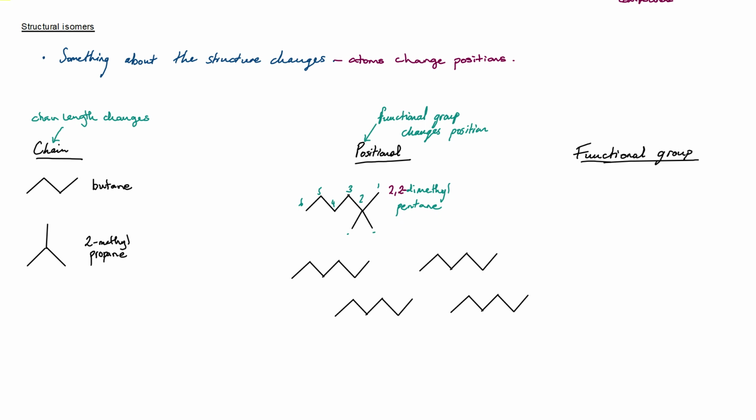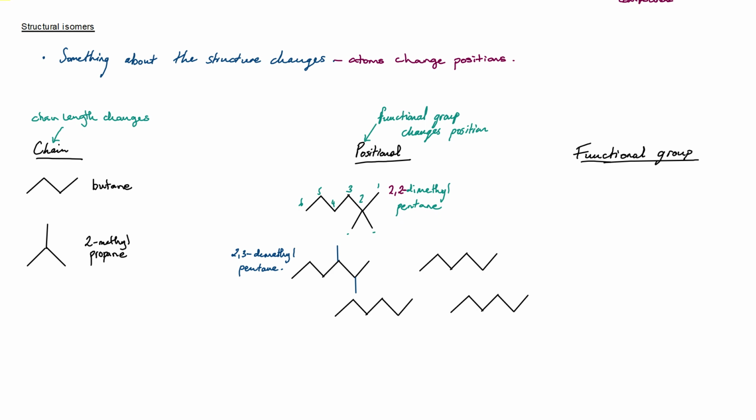So I could keep one here at this point, on the second carbon, and I can move the other there. This molecule here would then have a name of 2,3-dimethyl pentane. Okay, so there's nothing wrong with that at all.